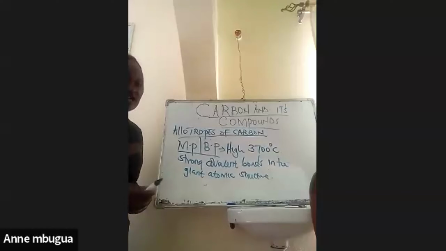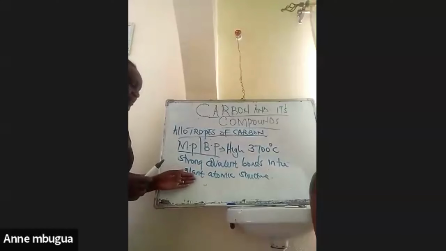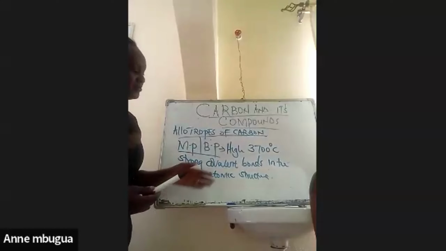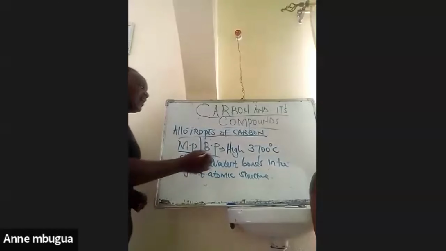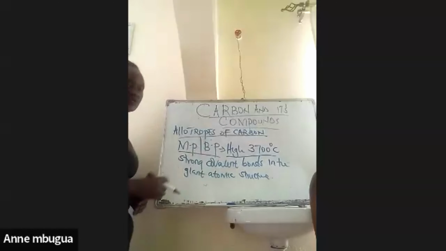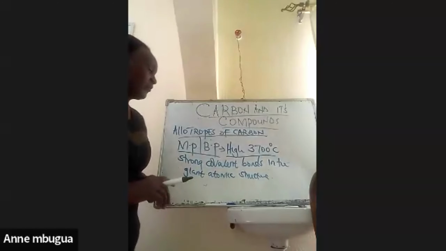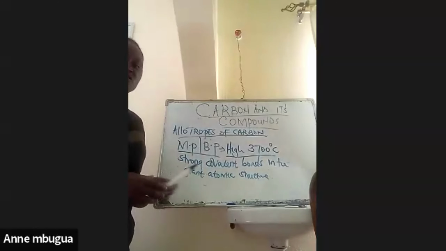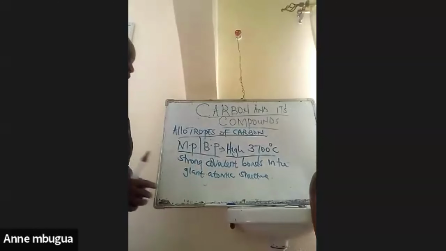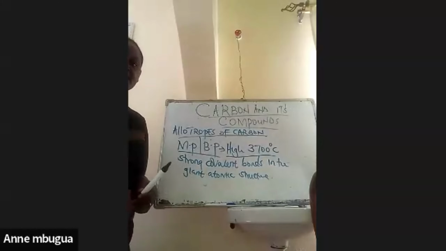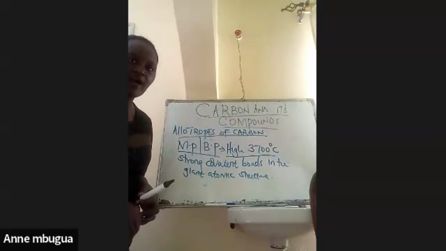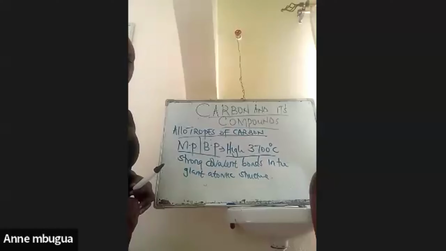Breaking these covalent bonds requires a lot of energy. It accounts for the high melting point and the high boiling point of diamond. Reason: strong covalent bonds within the giant atomic structure of diamond.